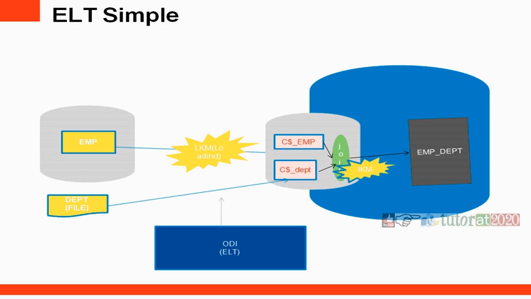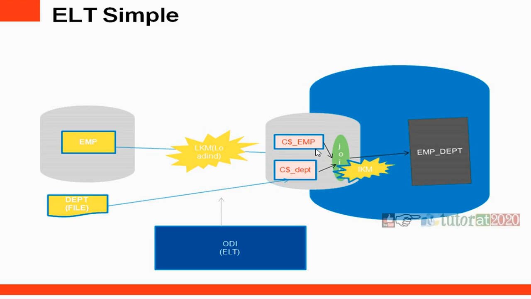Now what ODI does, since I cannot join them directly, it will take data from this particular table, no matter in which database it is, and dump this data into one table on your data warehousing database. You don't need to worry about the creation of this table, or about how to load.